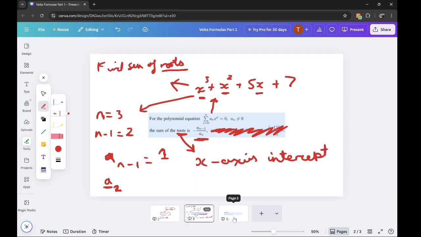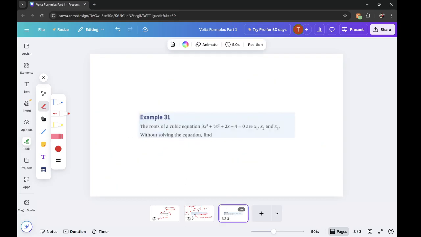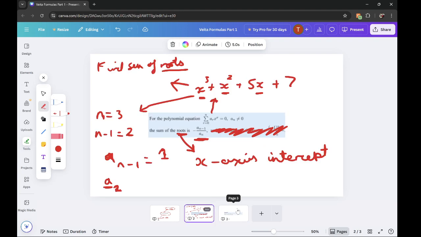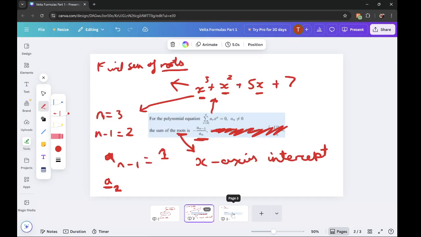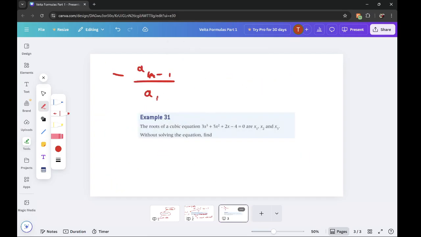Okay, let's do a question. Hopefully that clears it up a little bit more. So let's just write down our Vieta formula before attempting anything: minus a_(n-1) over a_n. Okay, so we have the cubic equation 3x cubed plus 5x squared plus 2x minus 4 is equal to 0.